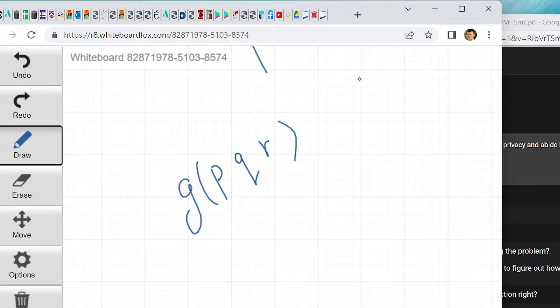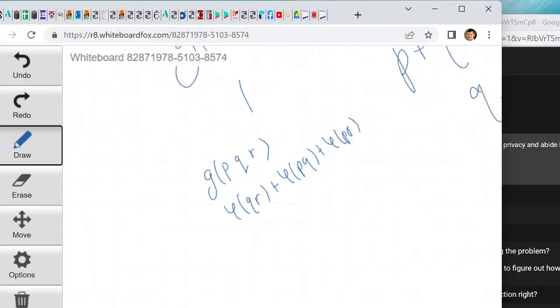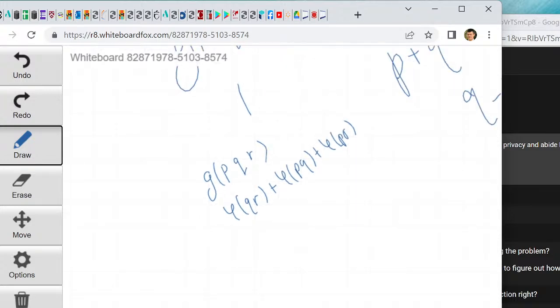Because they can't contain a Q or an R, so it's actually just phi of QR plus phi of PQ plus phi of PR. It's quite a nice formula.